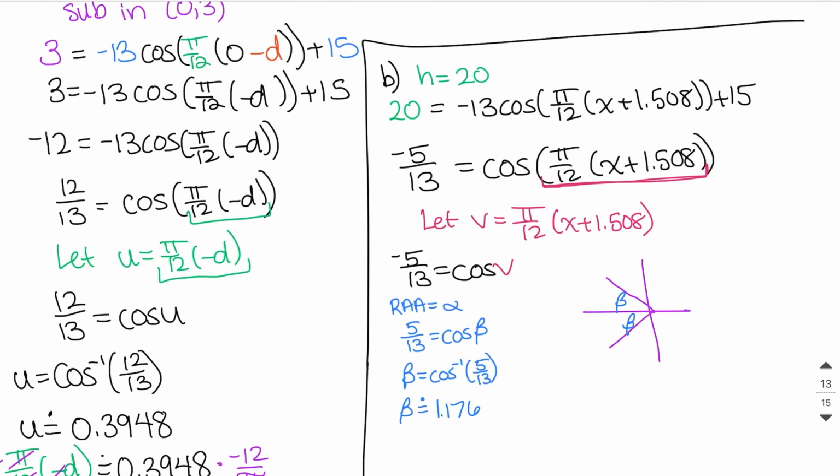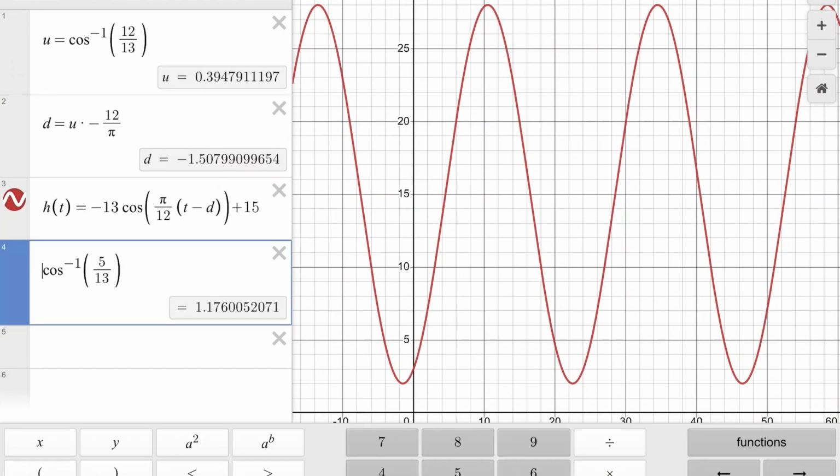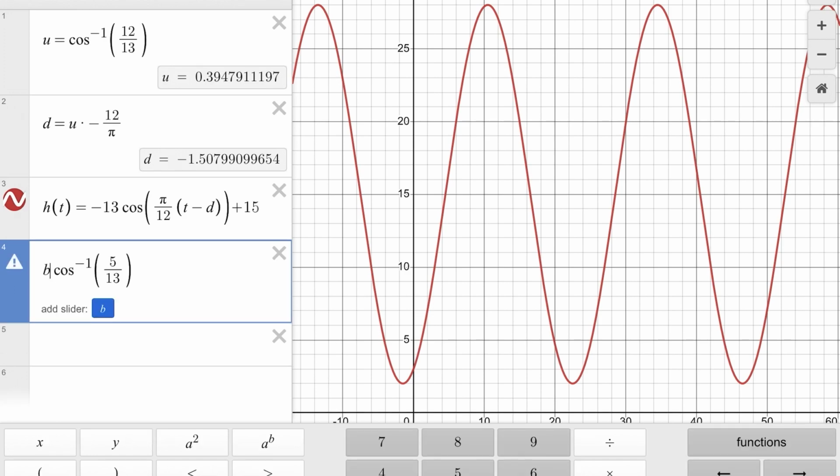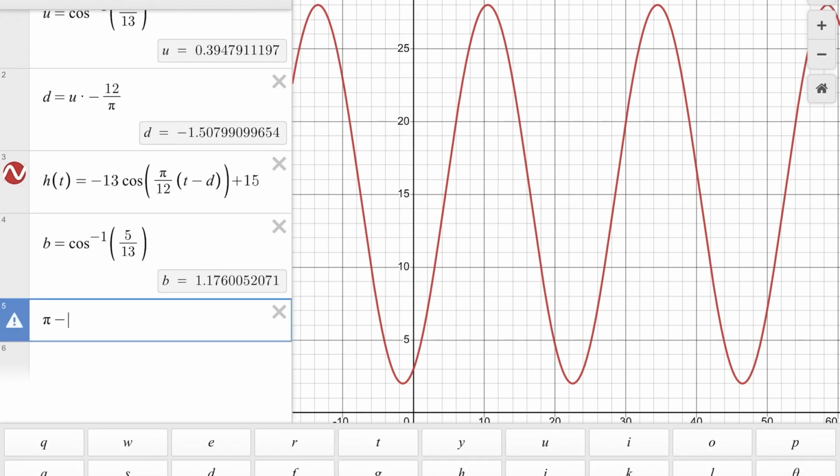To find our first v, our first v is going to have to be pi minus beta, so pi minus approximately 1.176. This is my first v, so I'm going to call this v1. So in here, I'm going to call this answer b for beta. And then I'm going to put in pi minus b, or pi minus beta, and I end up getting 1.966.